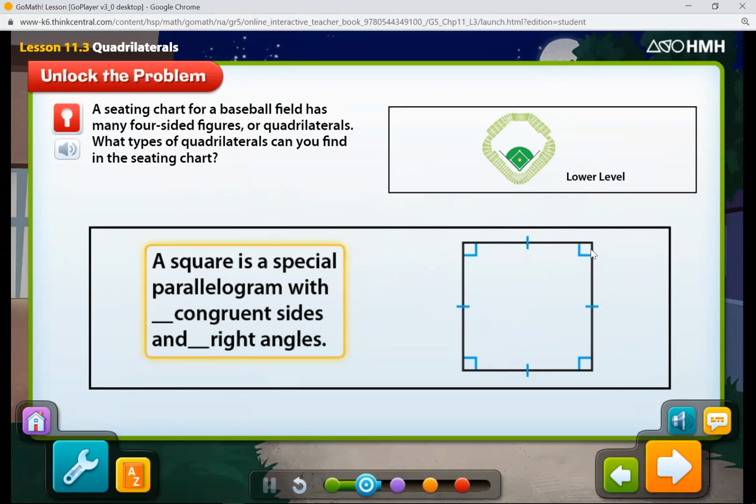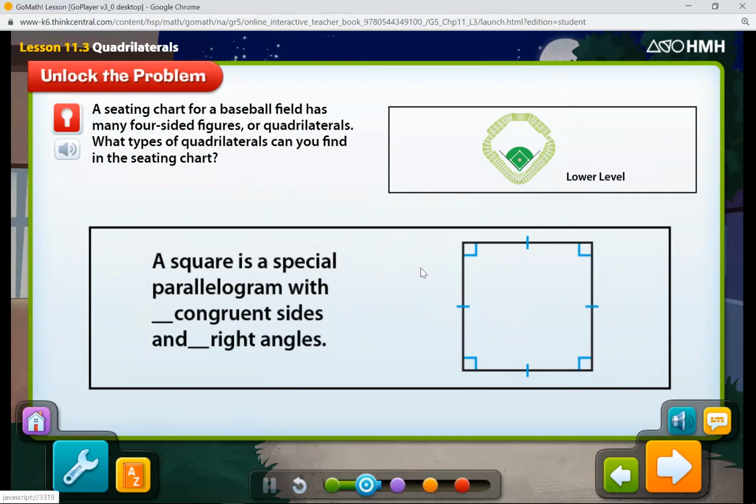Remember, I tell you, be very careful about what they're asking you because there are lots of different answers for the same shape and lots of different questions that you have to find the answers for. So the left side is perpendicular to the top, or the left side is perpendicular to the bottom. What about the top and the bottom? Are they perpendicular? No, right? They're parallel. Very good.